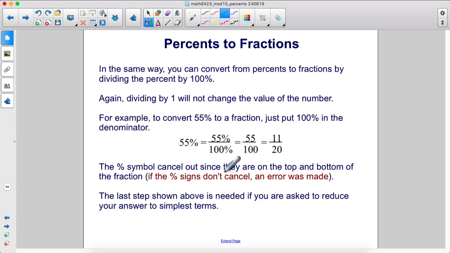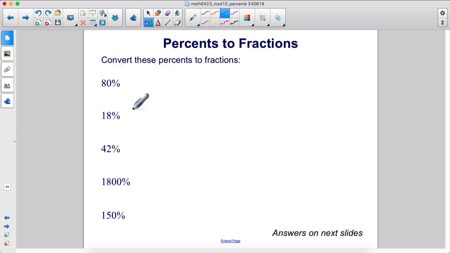If the percent signs do not cancel, an error was made somewhere. And then the last step shown above is needed if you're asked to reduce your answer to simplest terms. So 55% can be written as 55/100, or it could be simplified by dividing top and bottom by 5, and you get 11/20.